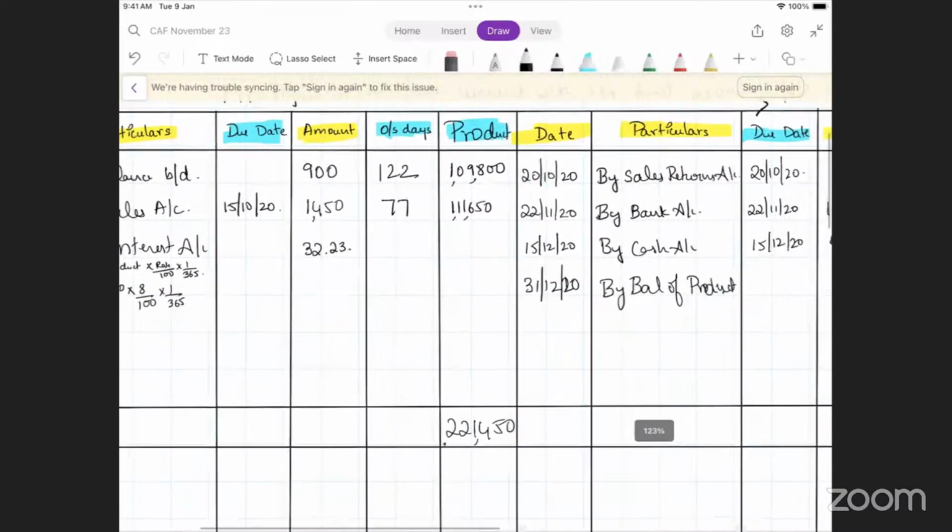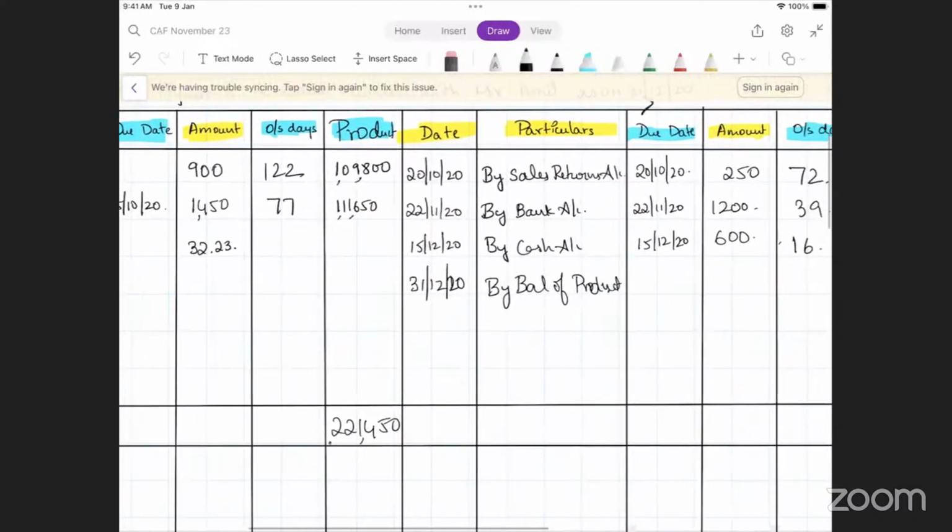Next, we close the amount column as well. We find out the balance in the amount column. Which side looks to be more? Again, the debit side looks to be more. You can confirm: 2382.23.